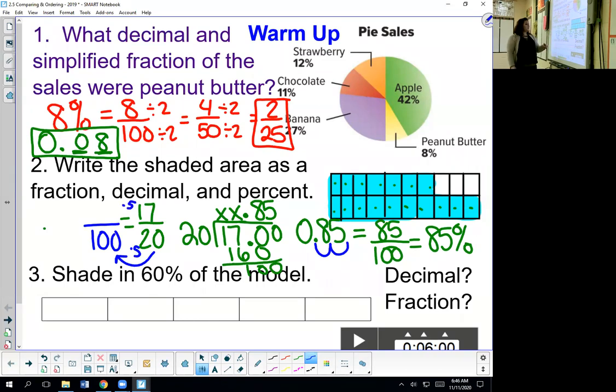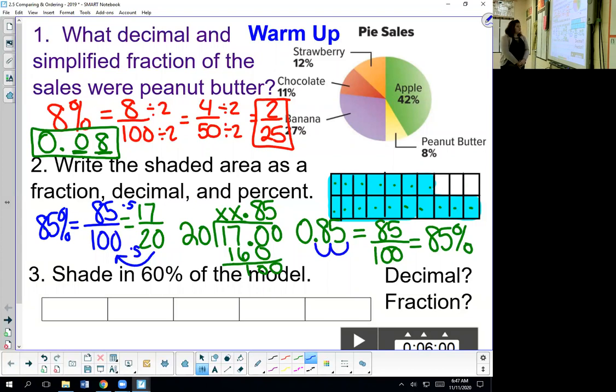So if I do 17 times 5, I get 85/100ths, which is 85%. Is that okay to do it that way? Absolutely. The only other difference is you would just have to then convert it into a decimal, which if you know how to write 85/100ths, would be 0.85.